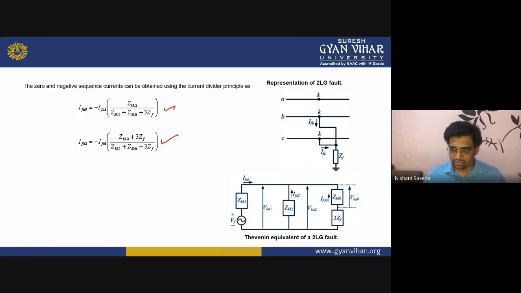This is your zero sequence circuit and this is your negative sequence circuit. The parallel combination of these two is coming equivalently in series with the positive sequence circuit. So that's why this is your Thevenin's equivalent of a double line to ground fault. I hope this is clear to you.